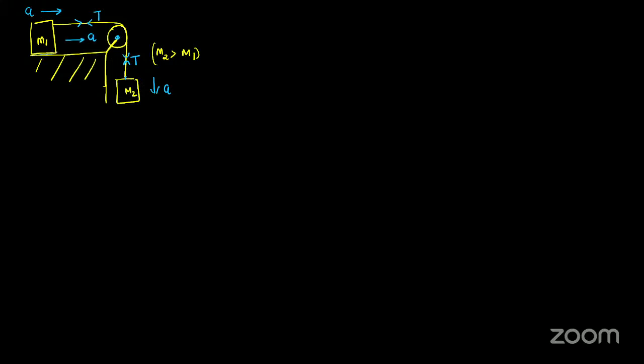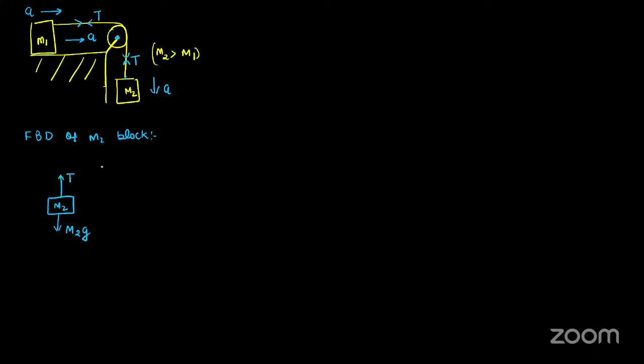Here, when we draw the FBD of the M1 block, you will observe something new. So first of all, the FBD of M2 block. Look, M2 we have kept here. On the downside there will be a gravitational force, you can say the weight force M2G.